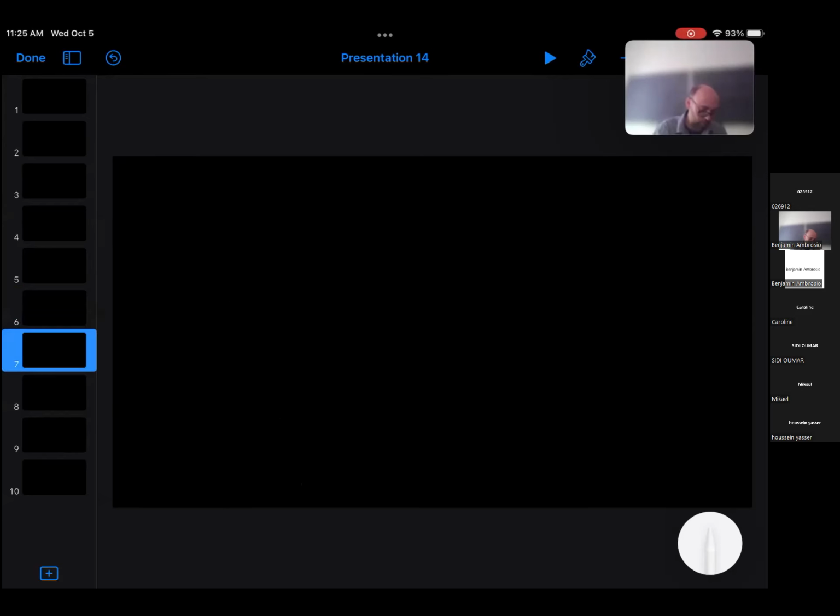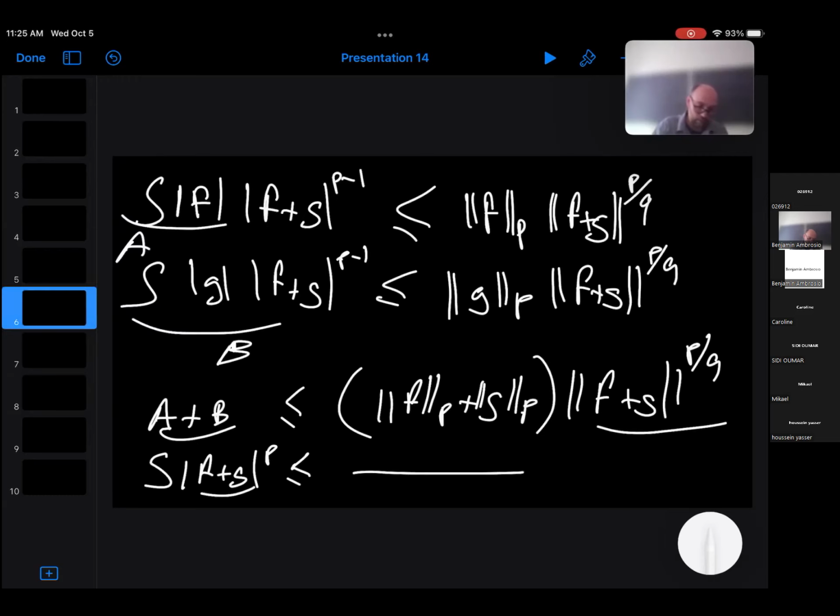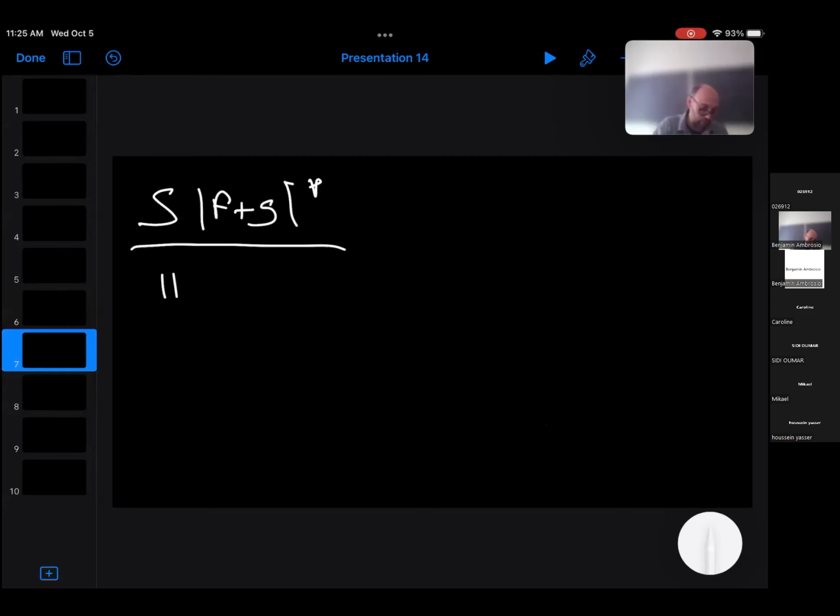So I obtain the integral of |f+g|^p divided by the norm of f plus g in p to the p divided by q.